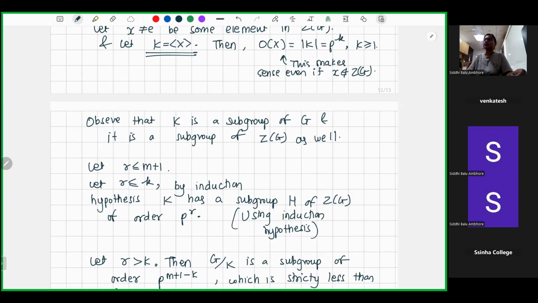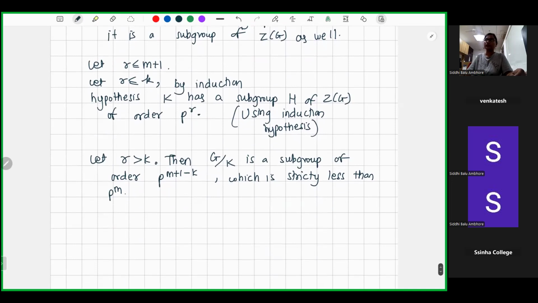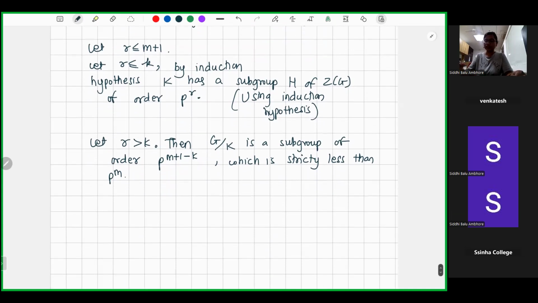Is this okay? Because k is at least 1, this has to be of order strictly less than p^(m+1).